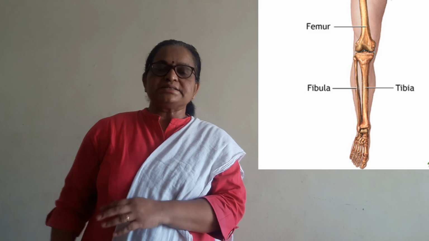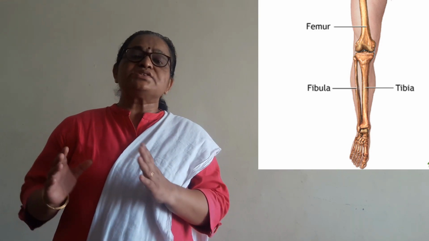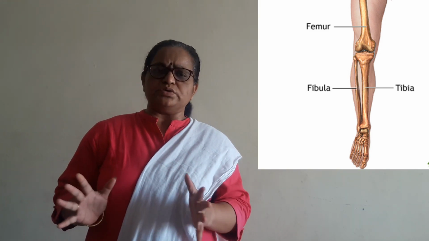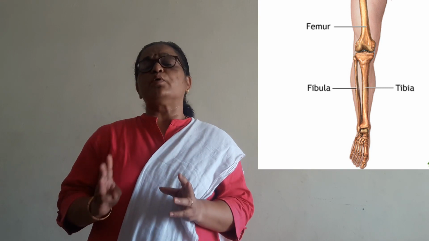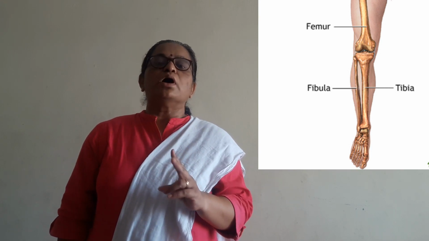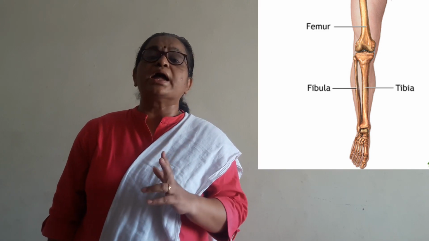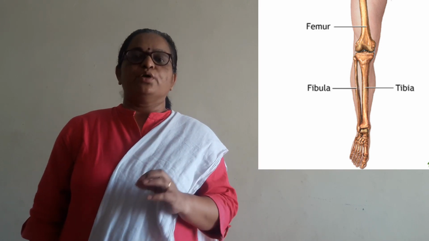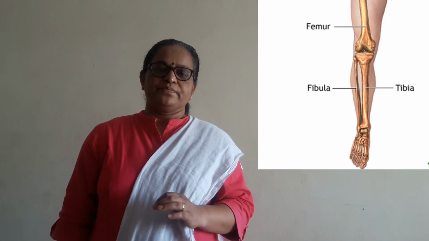Getting? Then the structure of lower limb. Yes, in legs also, in each leg there are many bones. Out of these, three main bones are there. In thigh there is one bone called femur, and this is the longest and strongest bone of our body.